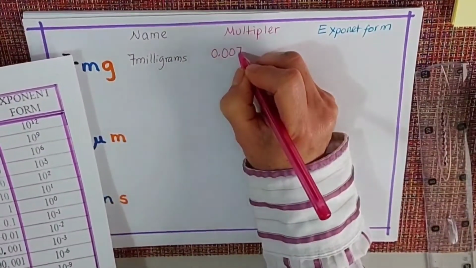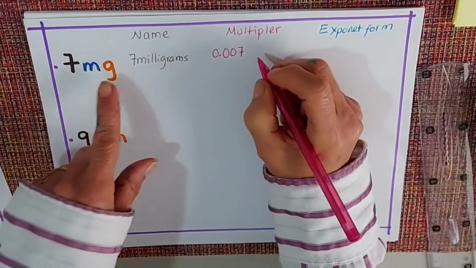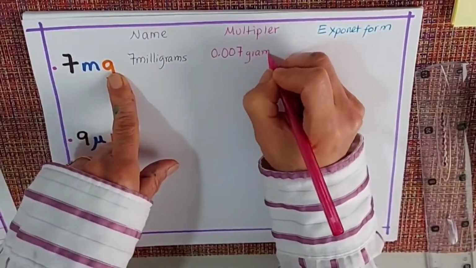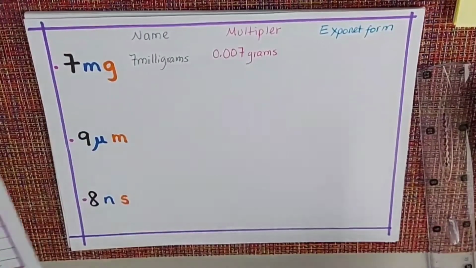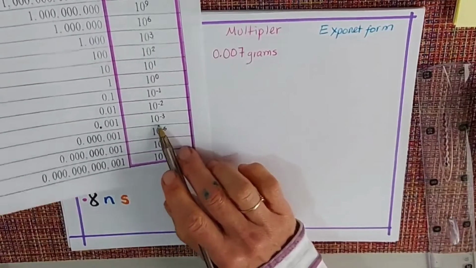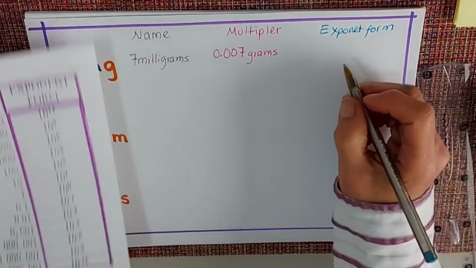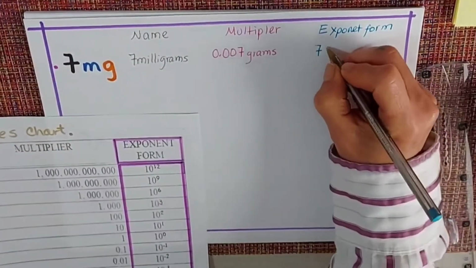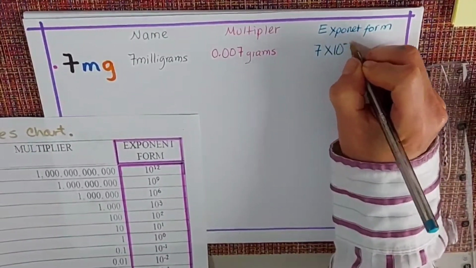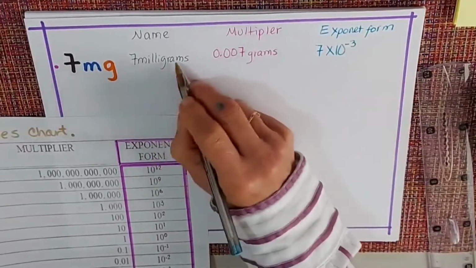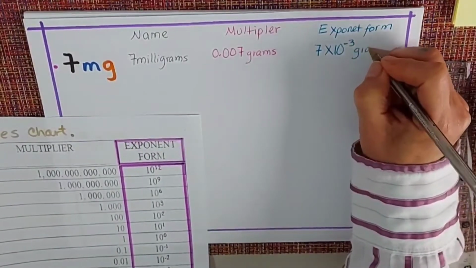The third place is for the number 7, and the unit is grams. The exponent form is the unit times 10 to the minus 3 power. Here, 7 times 10 to the minus 3 power, and the unit is grams.